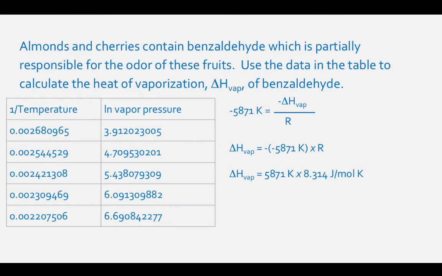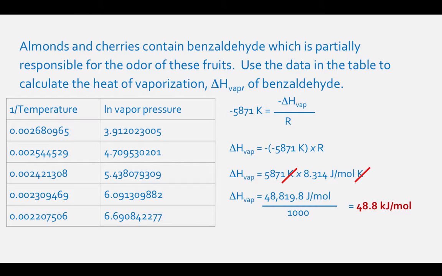The heat of vaporization therefore equals 5,871 Kelvin times 8.314 joules per mole times Kelvin, which equals 48,819.8 joules per mole. Then divide the answer by 1,000 to get it into kilojoules and round to three significant figures.